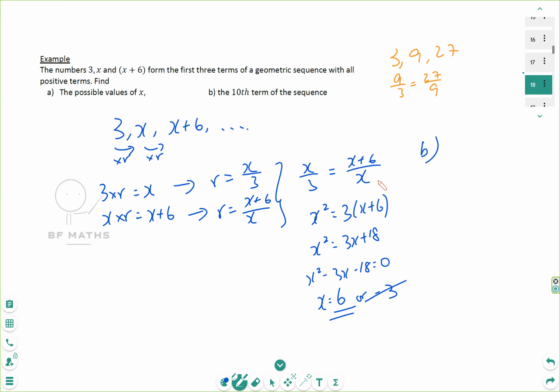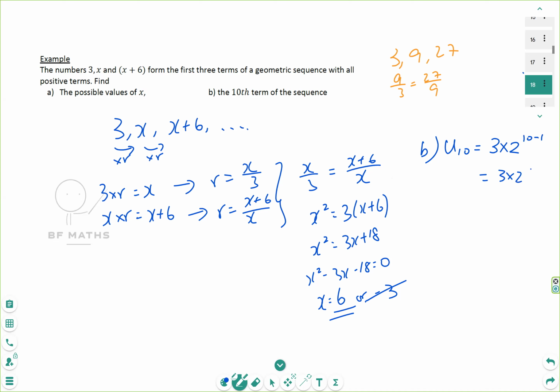Part B, find the 10th term. So the 10th term, U10 equals A, 3, times R to the power of n minus 1. Sorry, hang on. X is 6, but R is not 6. R is actually 2. Sorry, my bad. 2 to the power of 10 minus 1.